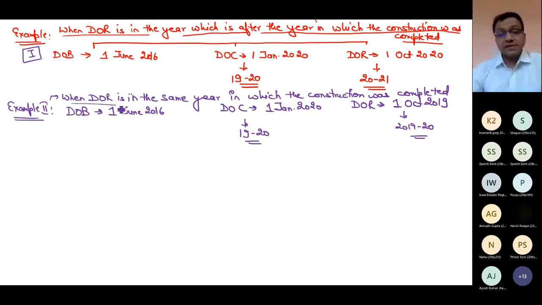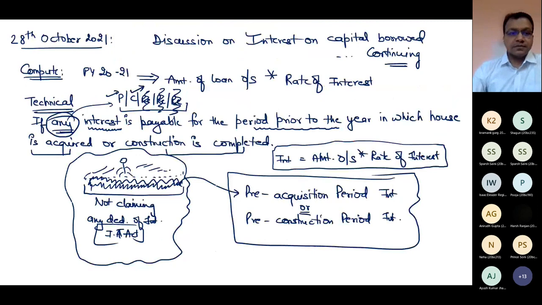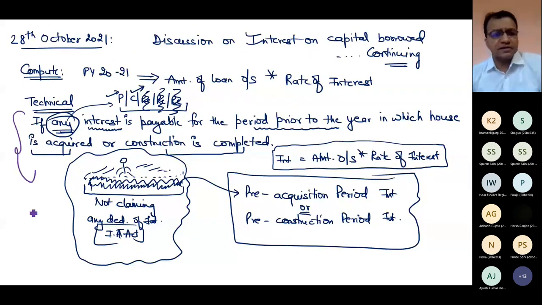Now see, same steps which we should follow. Step 1: first of all, check whether there will be any pre-construction period or post-construction period or not. How do you check it? You check it only with the help of these two lines. How do you check whether there is any pre-construction period interest or not?